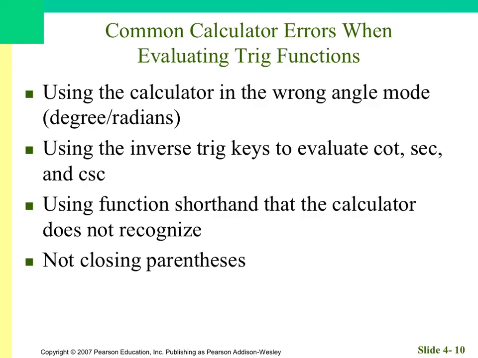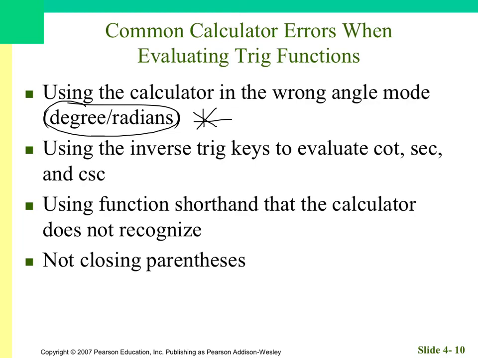Alright, common calculator errors. This first one, huge. Using the calculator in the wrong angle mode. So you need to check every time you're doing cosine or sine or tangent. If they give you degrees, you have to make sure your mode is in degrees. If you're given radians, you got to make sure it's in radians. If you're not sure how to, ask and I will show you.